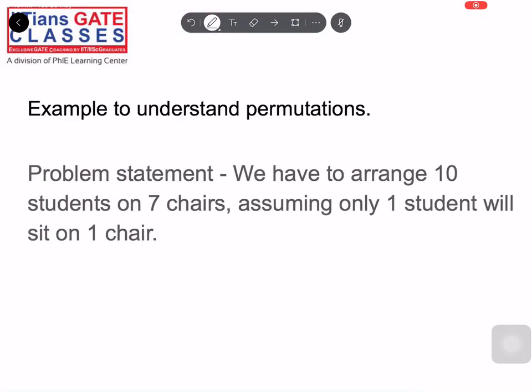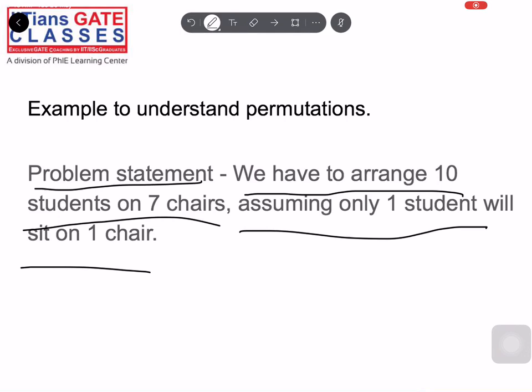To understand permutations, we'll take this problem statement. Now the problem statement is a little changed. We now have to arrange 10 students on 7 chairs, and the assumption still remains the same, that only one student will sit on one chair. Now I know that 10 students cannot sit directly on 7 chairs, right? So this involves two things.